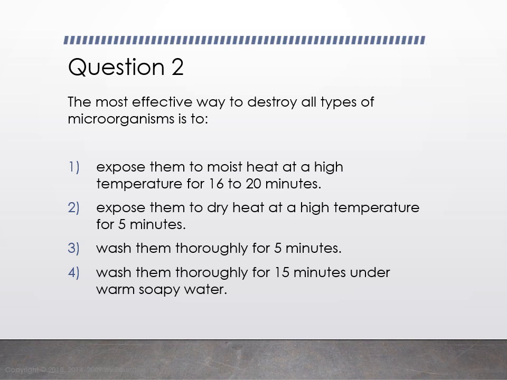The most effective means for destroying viruses and all other microorganisms is to expose them to moist heat at a temperature of 250 degrees Fahrenheit for 16 to 20 minutes. This is accomplished by using an autoclave, a piece of equipment that makes sure that temperature is maintained for that duration of time. The answer here is 1.